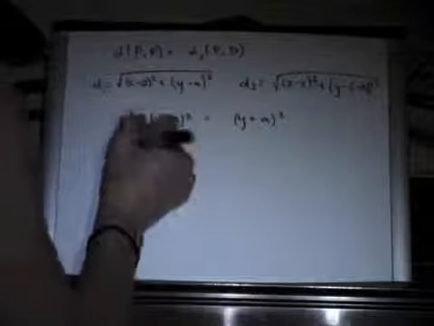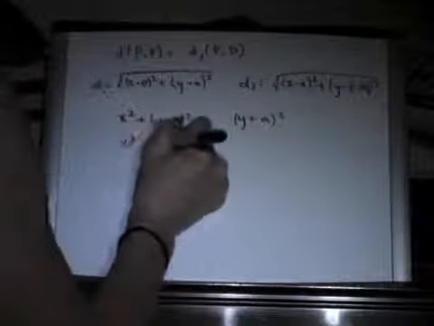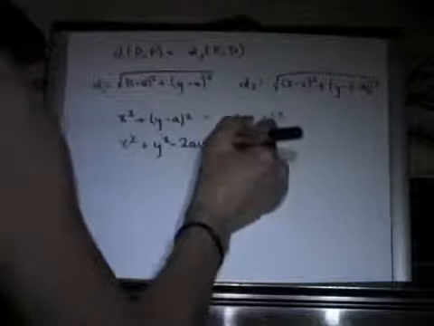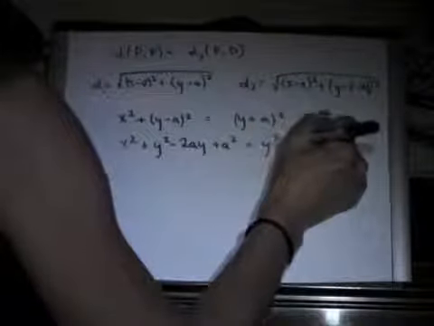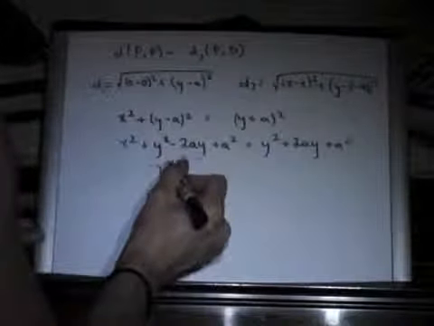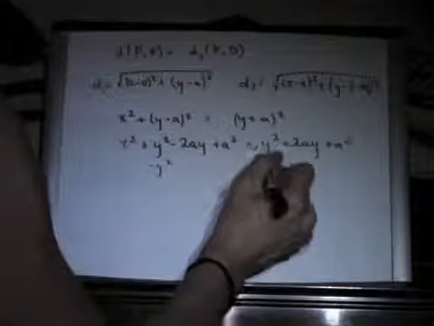Okay? And let's do a little bit of foiling these two binomials to simplify our equation here. So we have x squared plus y squared minus 2ay plus a squared is equal to y squared plus 2ay plus a squared. And we can subtract y squared from both sides, and those y squareds cancel out.